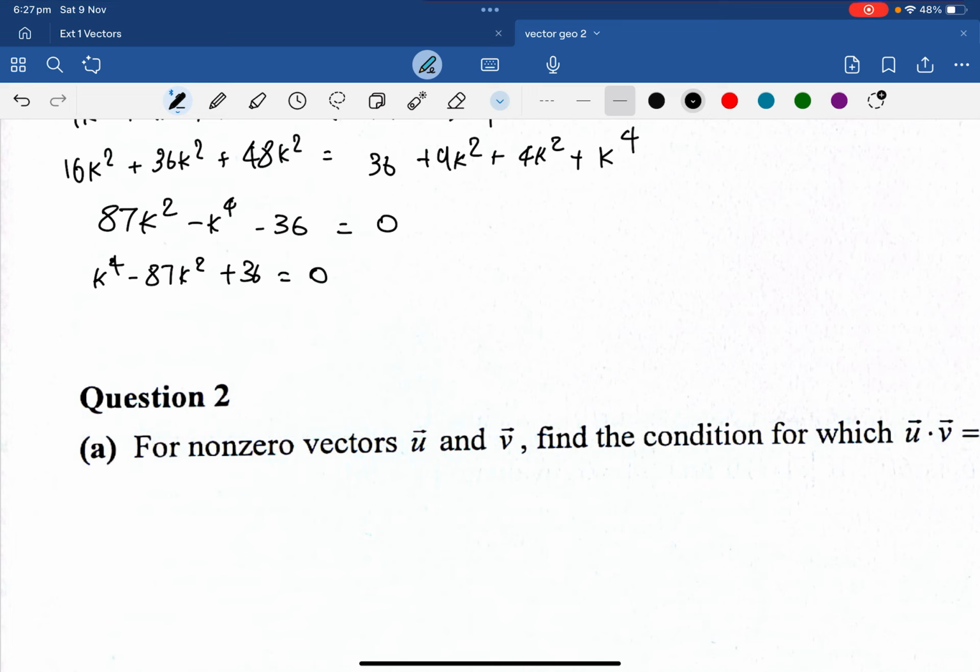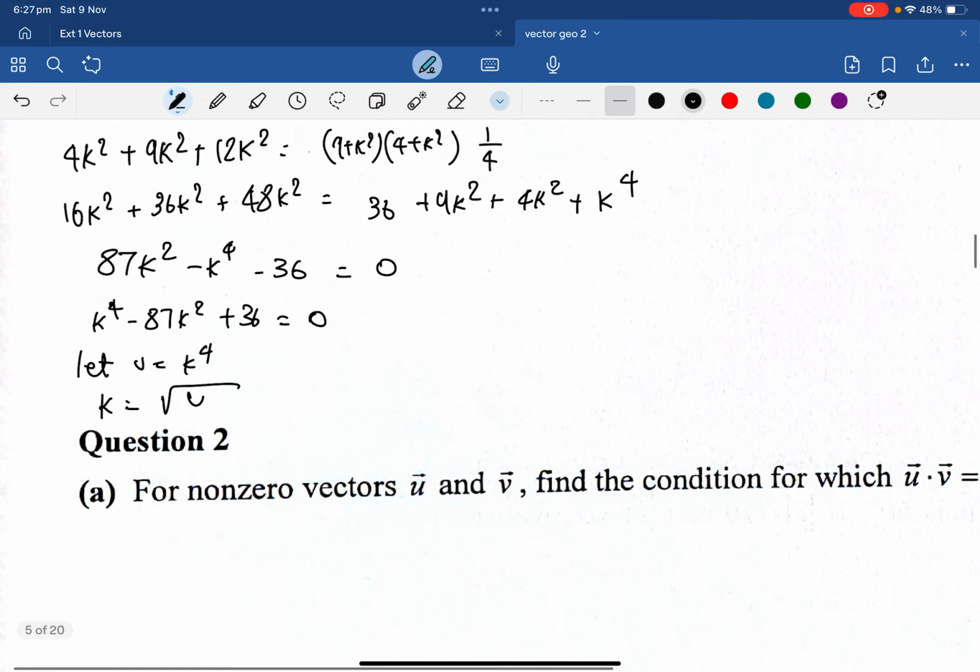And then let u is equal to k squared. Then k is equal to square root of u. Right? Does that make sense? Yeah. Because that's just saying u is equal to k squared.